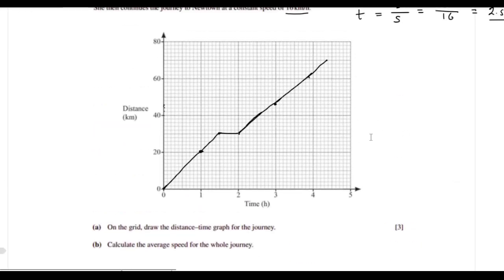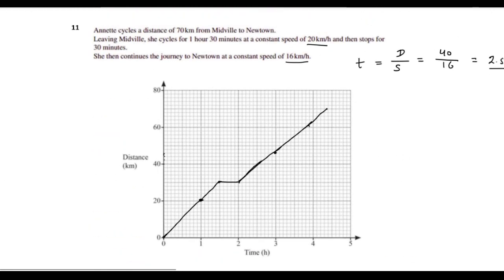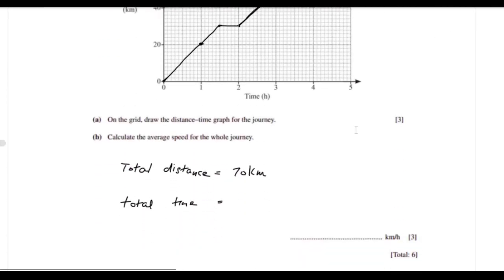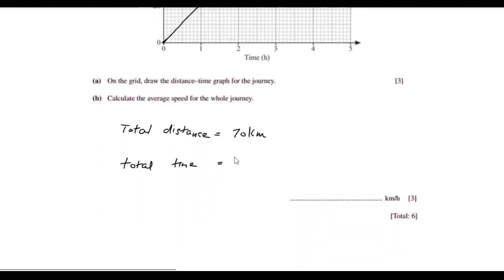Total time is 2 hours 30 minutes here, then 1 hour 30 minutes with a speed of 20 kilometers per hour, and then a 30 minute halt. So 1 hour 30 minutes plus 2 hours 30 minutes is 4 hours 30 minutes, so 4.5 hours we can say.